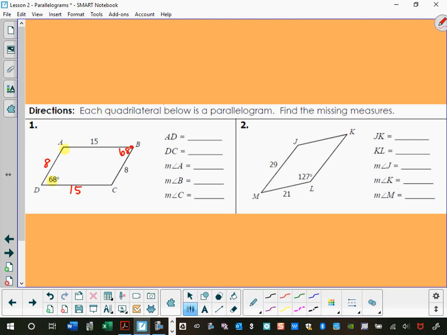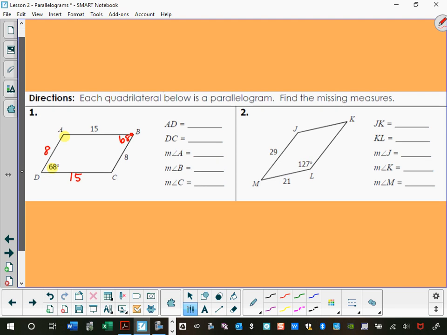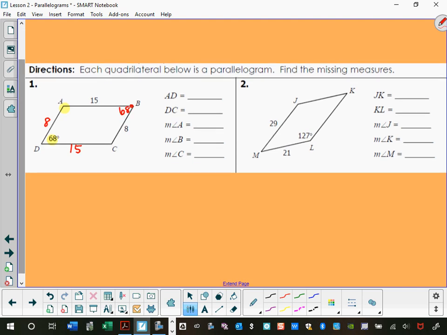What did it say about consecutive angles in your properties? Supplementary, so they have to add up to 180. So what am I going to subtract to get to my angle A? 180 minus 68. What do you get?